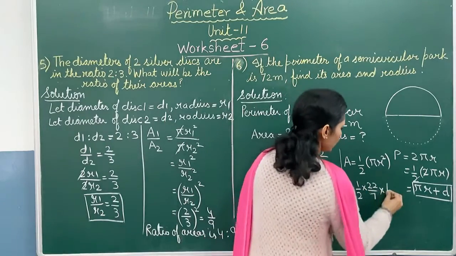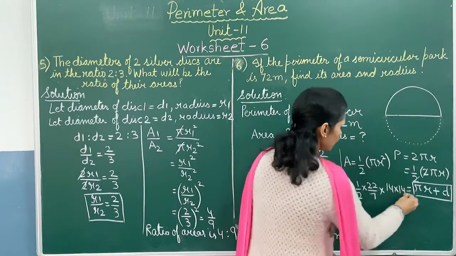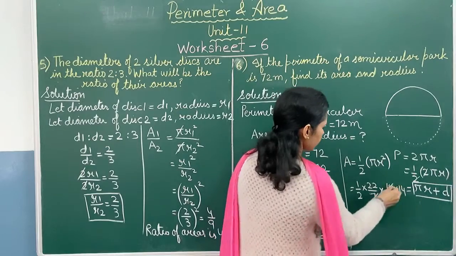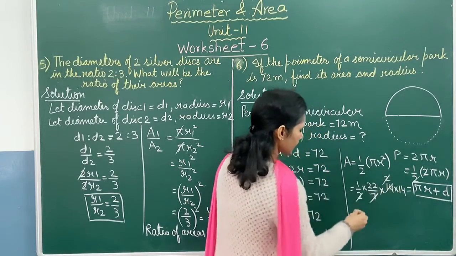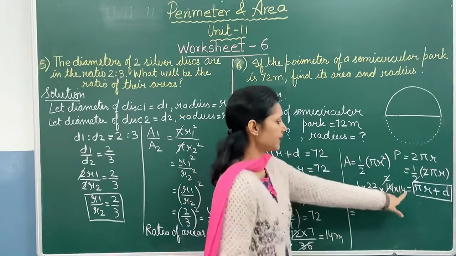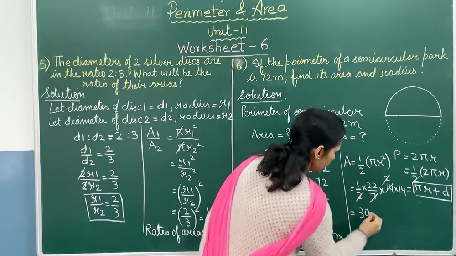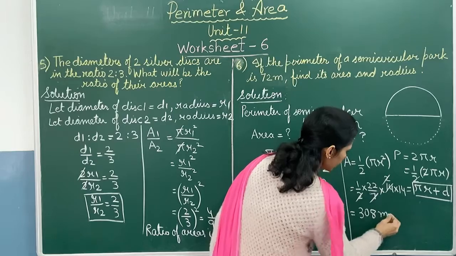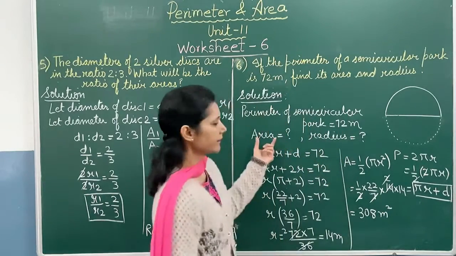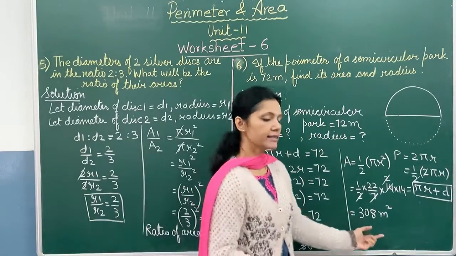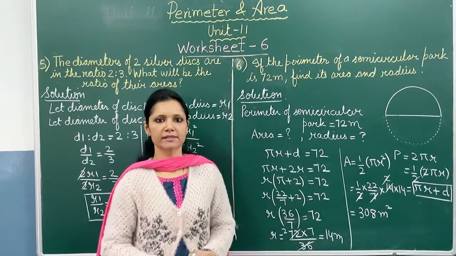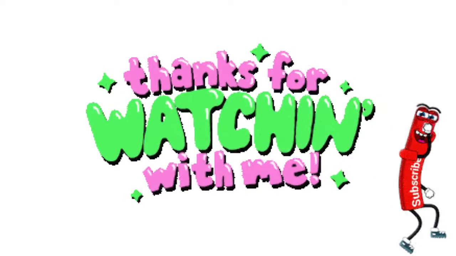That is 14 multiplied by 14. Let's do the cutting. So this would become 22 multiplied by 14. That comes out to be 308 square meters. So hence we will say that the area of the semicircular park is 308 square meters.